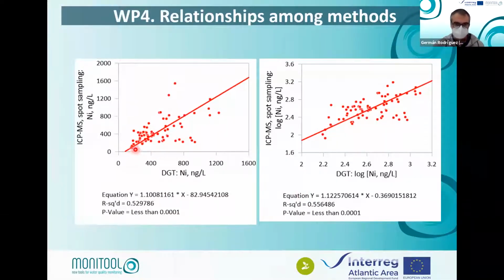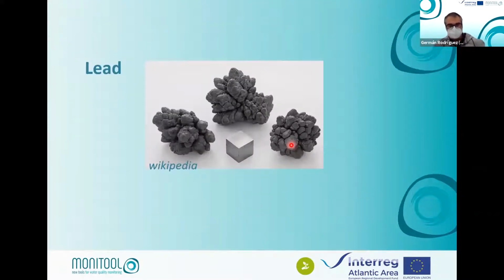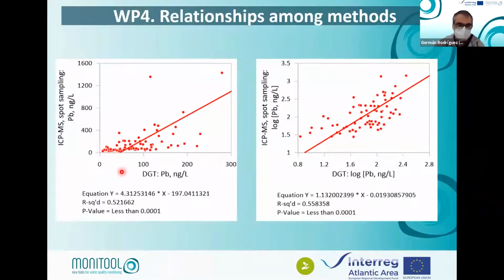For nickel, it's completely different. In a linear way, we can see that there is a lot of scattering, and then the adjustment is a little worse. But in the case of log data, we can say that it adjusts very well to a linear adjustment. Remember that here we have the DGT data, and here we have the spot sampling data, and we can see that in the lower values there is almost no strong relationship between DGT and spot sampling.